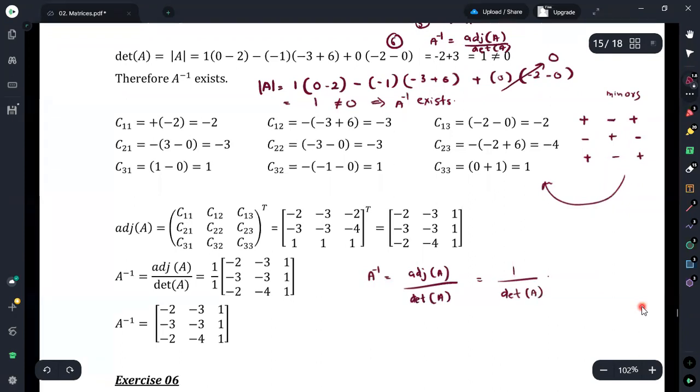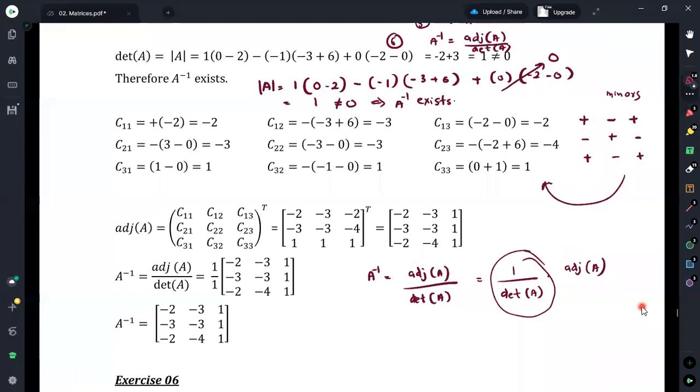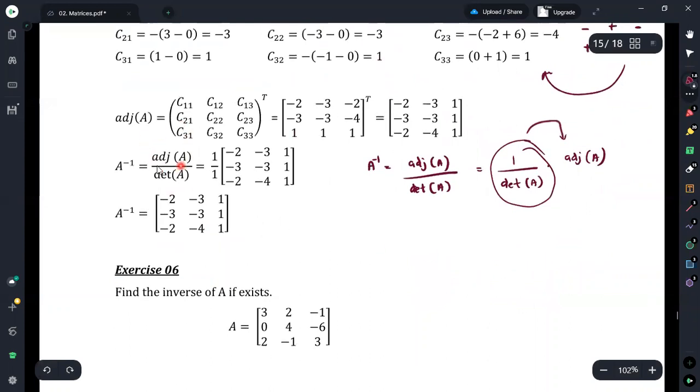Here we know that the determinant is a real number, so this part can be directly considered as a scalar. Therefore, it is multiplied with the adjoint of the matrix A.